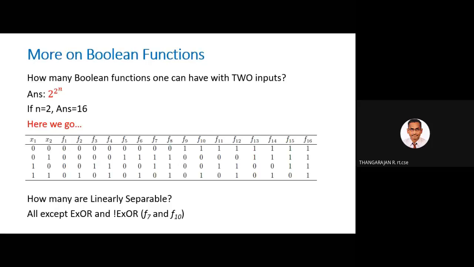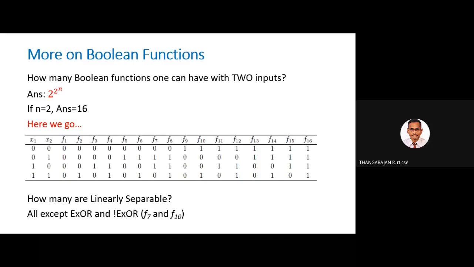These are Boolean functions. And what is this function? I think you can recognize it. F2 is AND. What is F15? F15 is NAND.